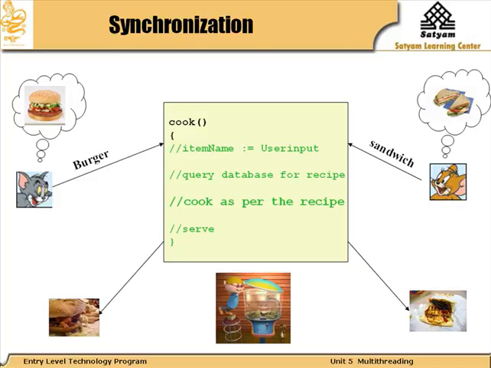Mr. Cook has realized that he has messed up both the orders by taking them at the same time. Mr. Cook has now decided to take only one order, cook and serve the order, and only then take the next order. This is exactly what synchronization does for you in Java.